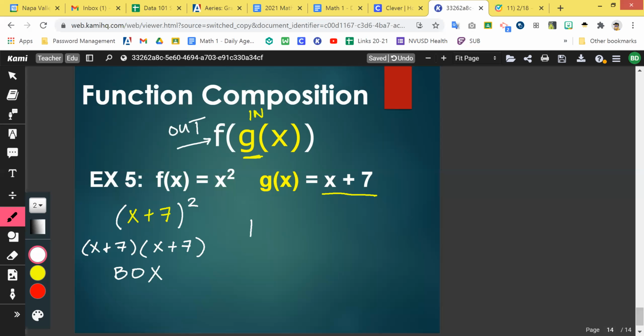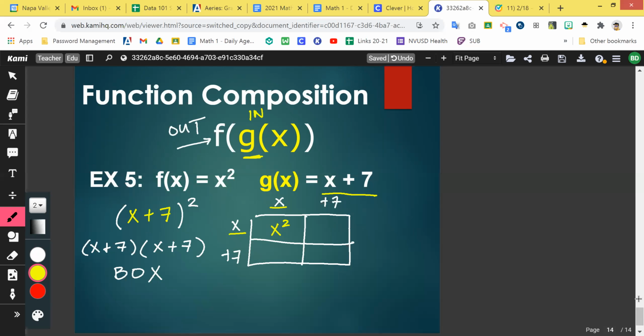So remember, with box method, I'm going to draw a box out and split that into 4 quadrants. So we have x plus 7, and we have x plus 7, and then we're going to start multiplying things out like a multiplication table. Okay, so x times x, that's x squared.